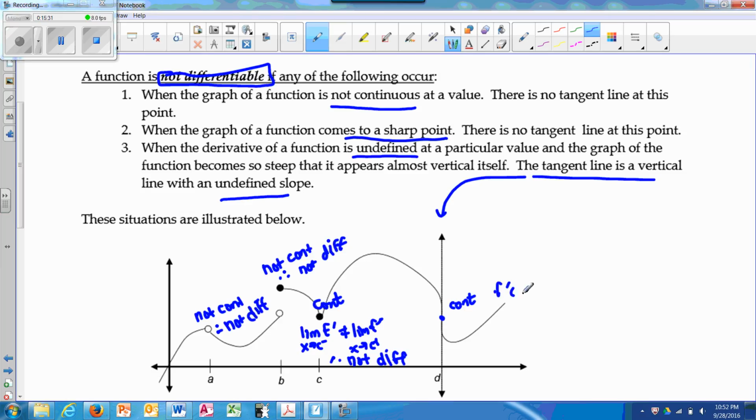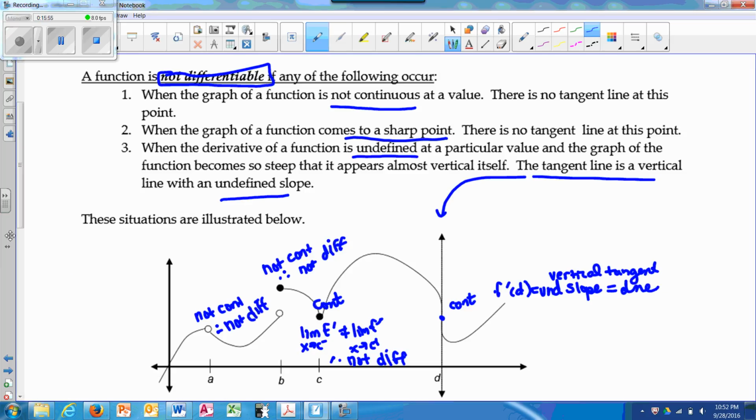So we do have continuity here. The function left and the function right and the function value are all three the same, but the derivative doesn't match on the left and the right. So we have continuous but not differentiable.